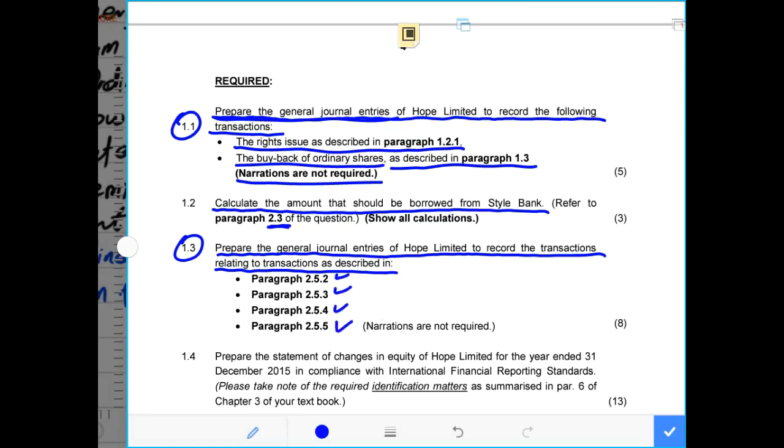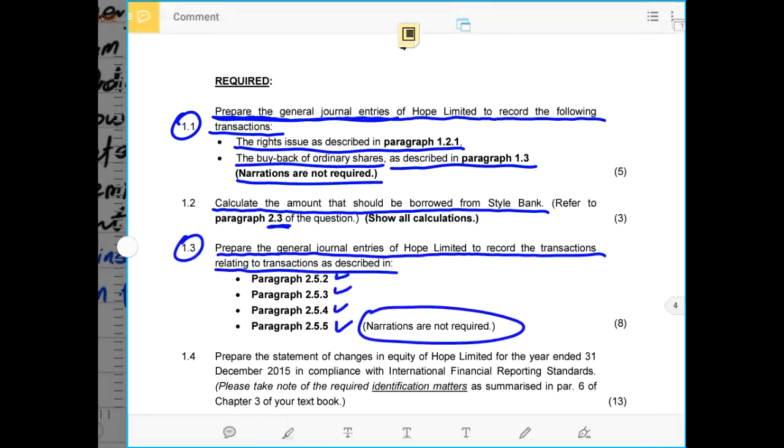And they say narrations are not required. Remember, narration is when we explain what the general entry is all about. So don't mind too much about the narrations; they are not necessary.